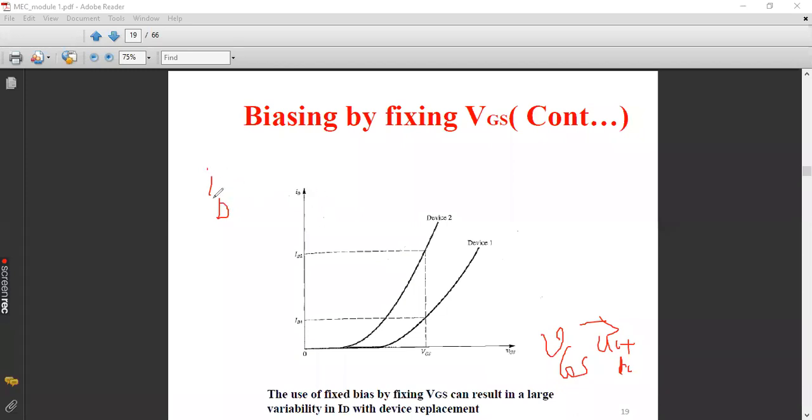Here also, small letter i with capital D as the subscript. Now, this graph is plotted for two devices, two MOSFETs, device 1 and device 2, and you have two different graphs.